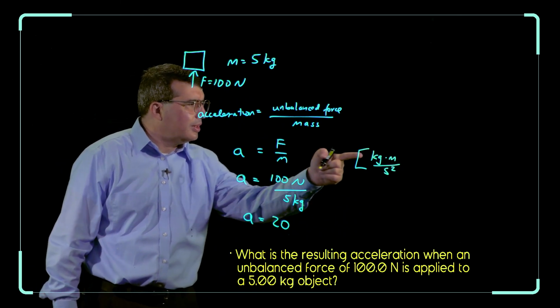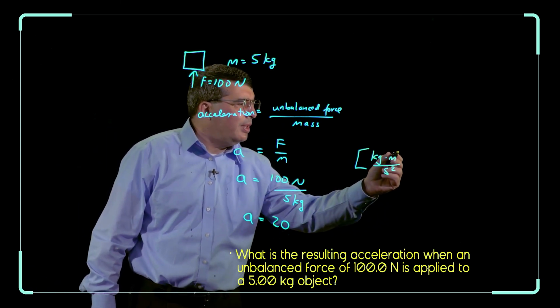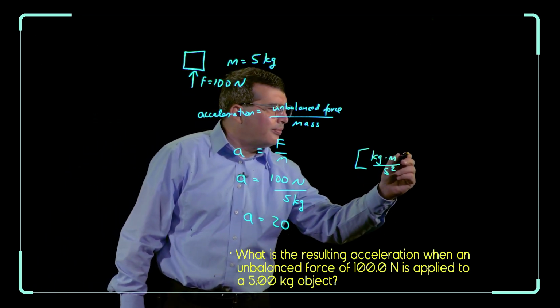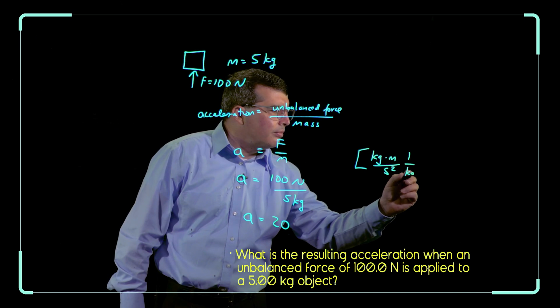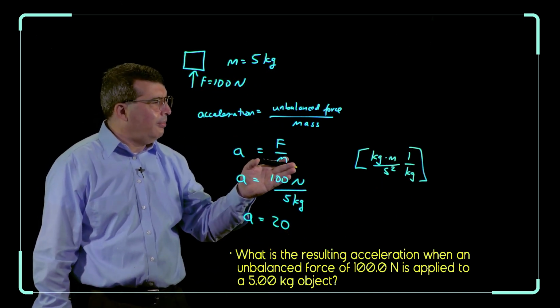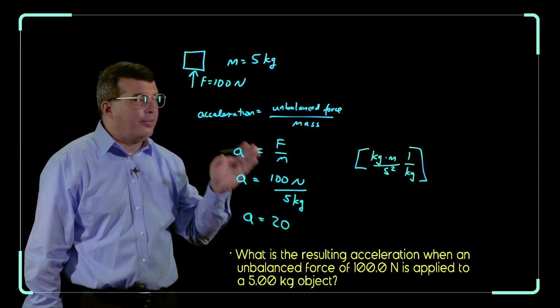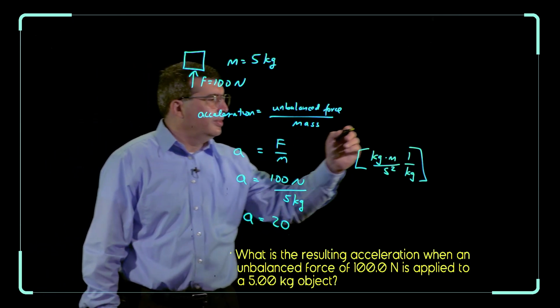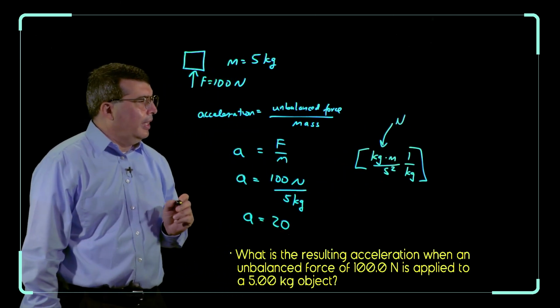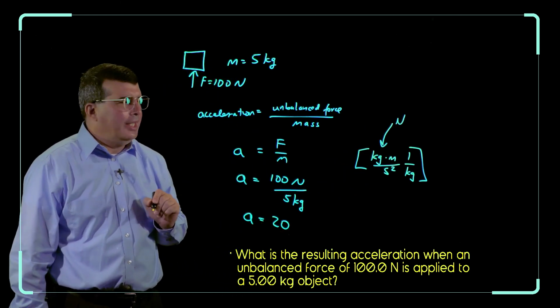My Newton is a kilogram times a meter per second squared, and I'm dividing by a kilogram.